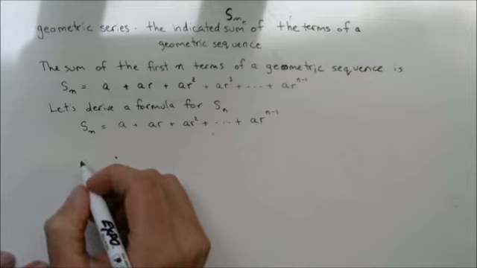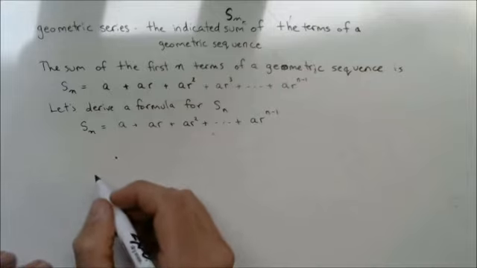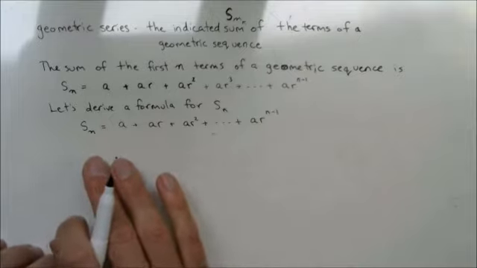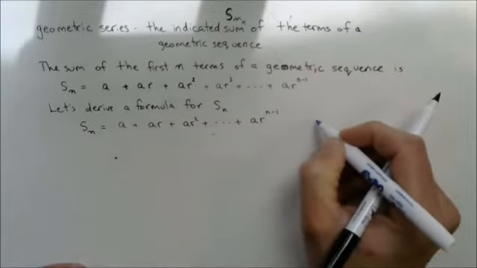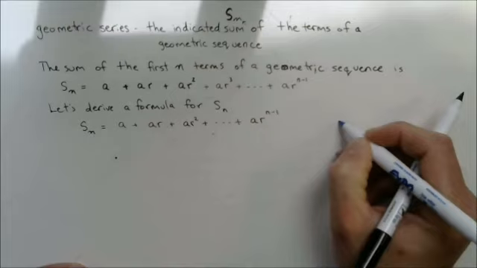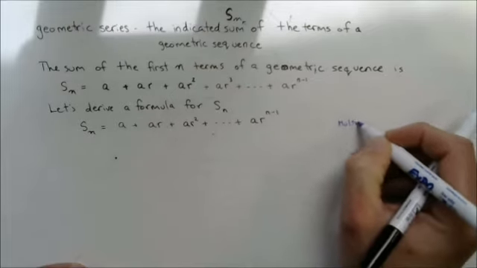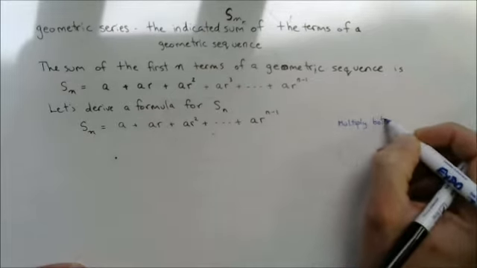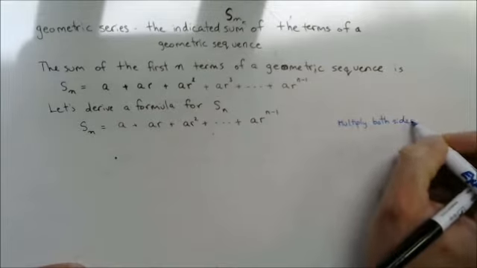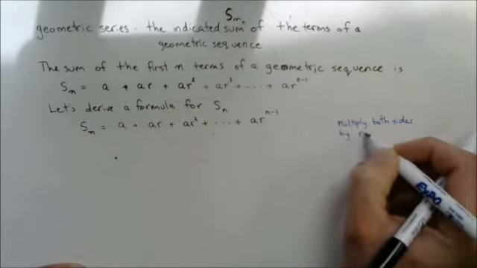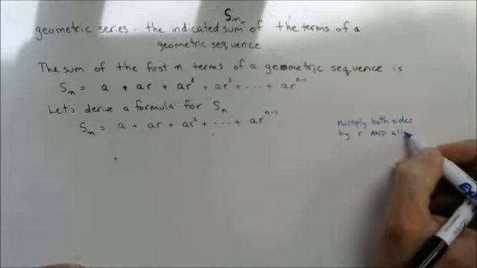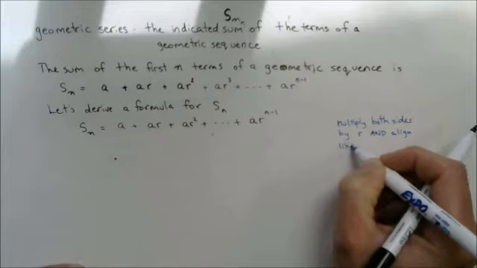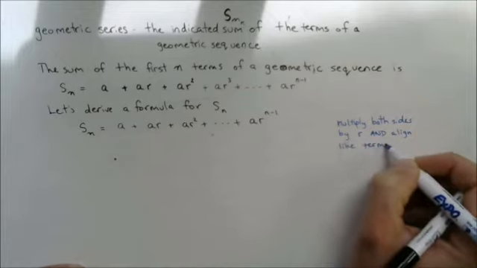And what we're going to do to develop our formula here is we're going to multiply both sides by r and align like terms. I'm going to leave some space here.